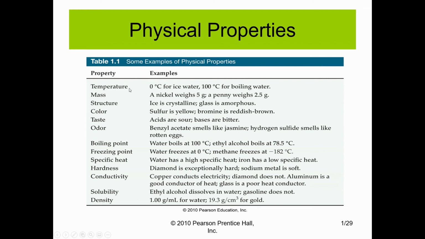For example, temperature is a physical property. Mass is a physical property. The structure, if it's crystalline versus amorphous, or the color, if it's yellow or brown. So the most important part for the physical properties is we can observe these properties without needing to change the substance at all.